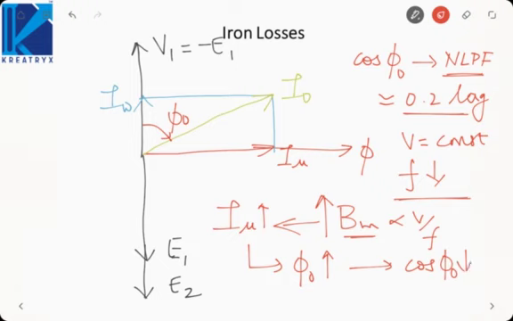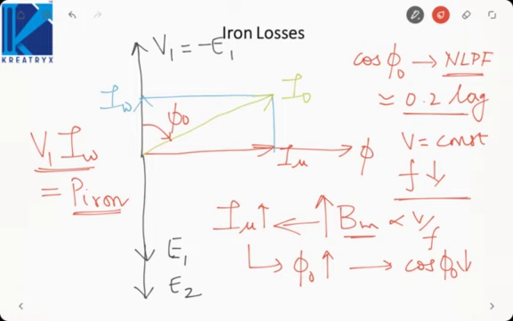Cos phi naught will reduce, the no load power factor of the machine will go down. Okay, and no load losses or the iron losses will be given by V1 into IW. This is what is equal to iron losses or the core losses in the transformer. Okay, so power consumed by the transformer at no load is used to supply the iron losses, and reactive power drawn from the supply is used to generate the flux inside the transformer.